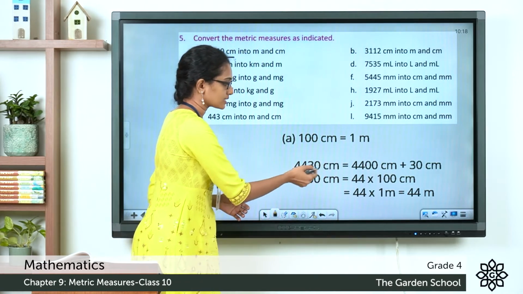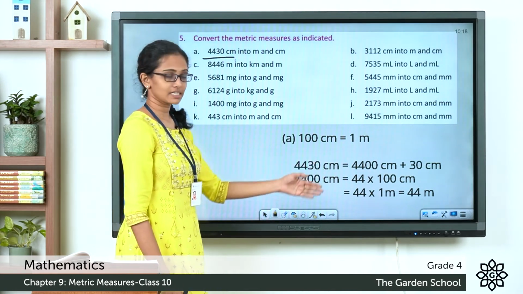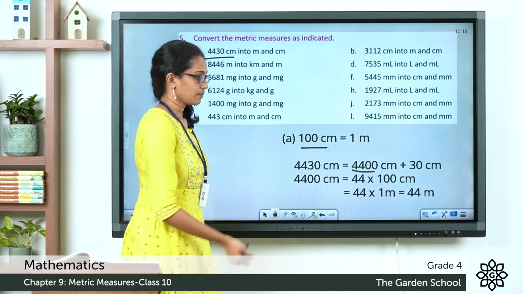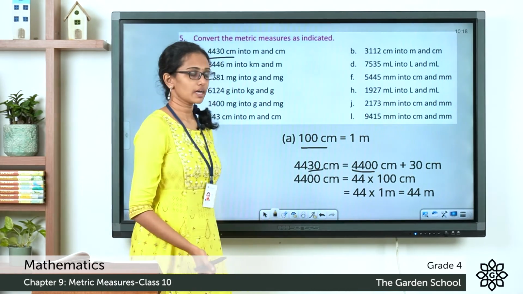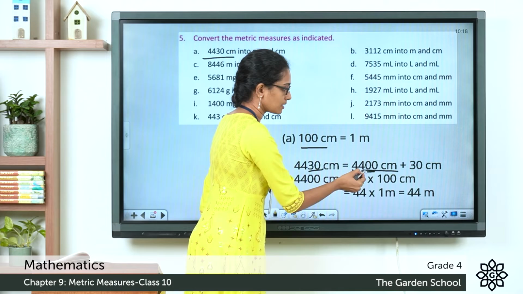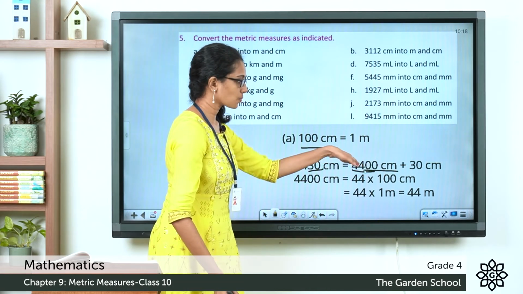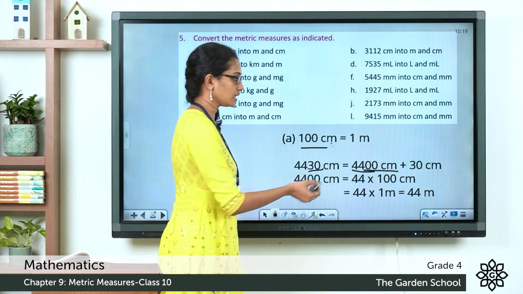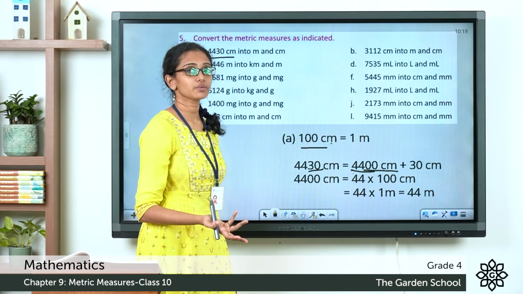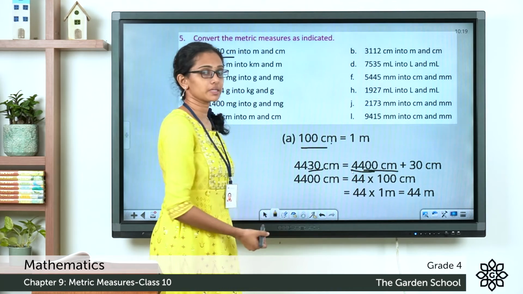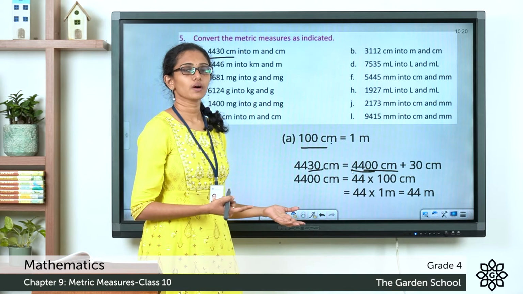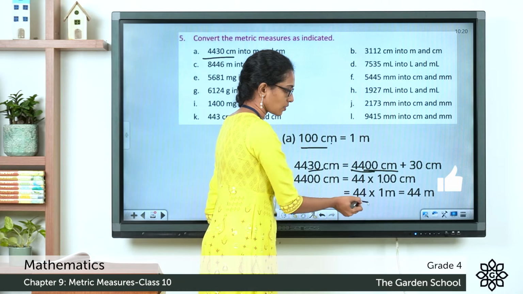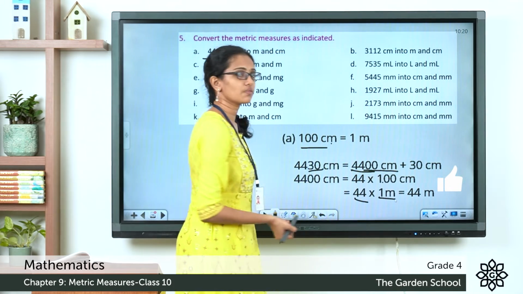So here we have split the given measurement. 4,430 centimeters is equal to 4,400, which is a multiple of 100, plus the 30 centimeter. So right now we have 4,400 centimeter plus 30 centimeter. Now what is this 4,400 centimeter? If 100 centimeter is equal to 1 meter, 4,400 centimeter will be equal to how much? It will be equal to 44 meter. How can we write that? 4,400 can be written as 44 into 100 centimeter, and that is 44 into 1 meter, which is the equivalent of 100 centimeter.